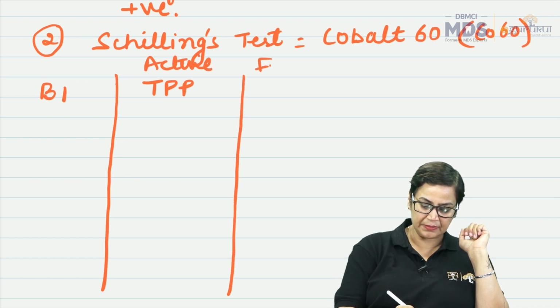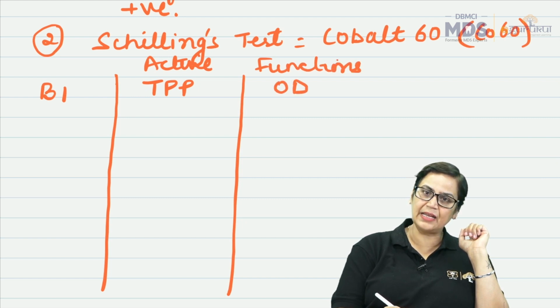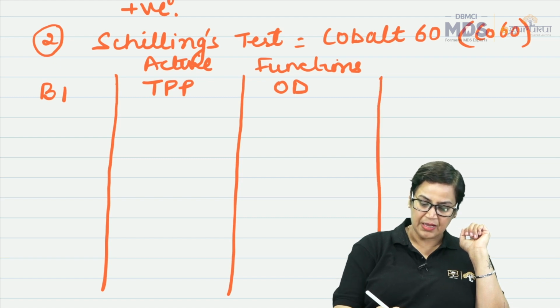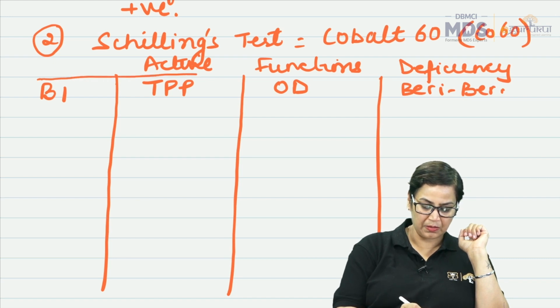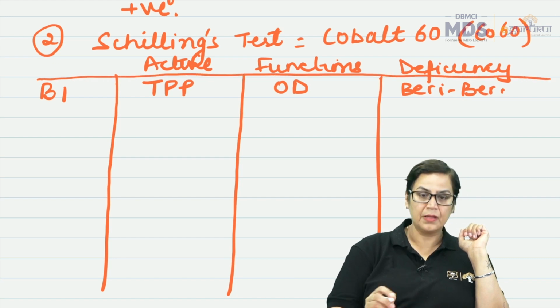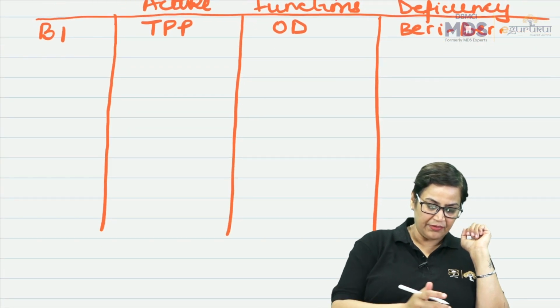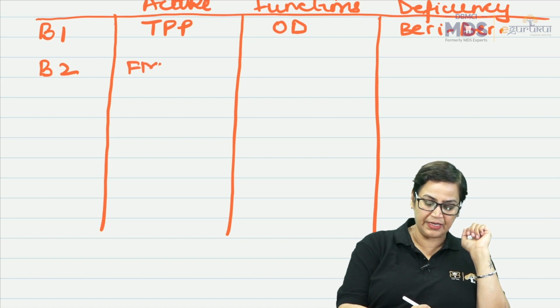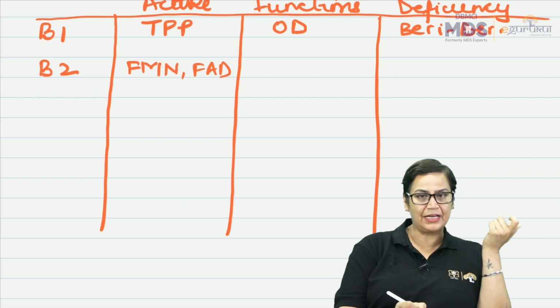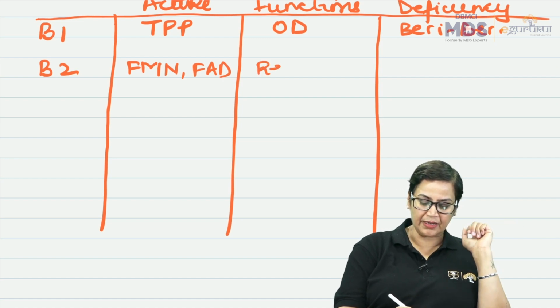Functions are, if we study the functions, oxidative decarboxylation, and deficiency leads to beriberi. Right? Then we studied B2. B2 mein the active form was FMN and FAD. And functions are what? Electron donor or as a reductant.